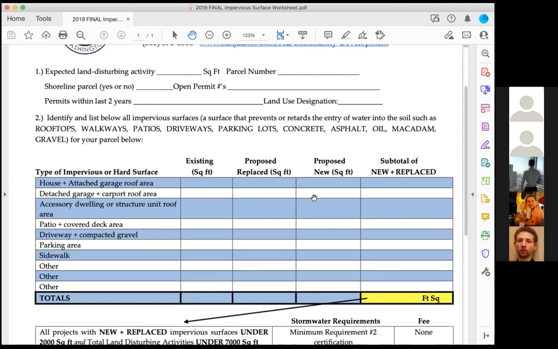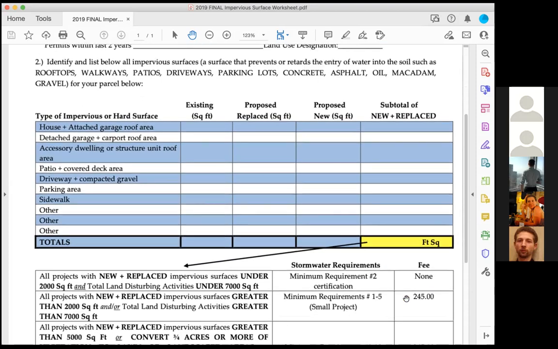And you're just going to go through and fill all this out. If there's existing, proposed or replaced or new, and then you total everything.